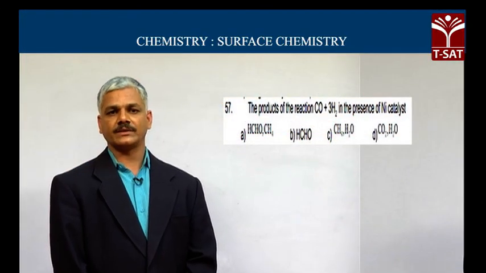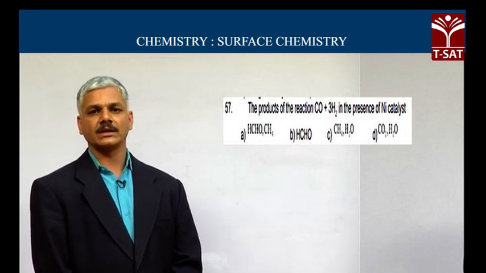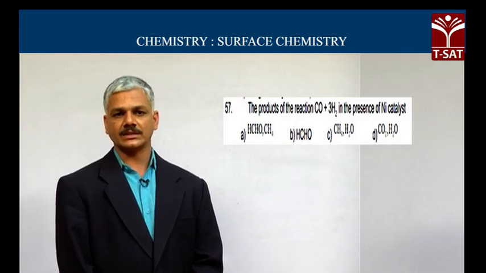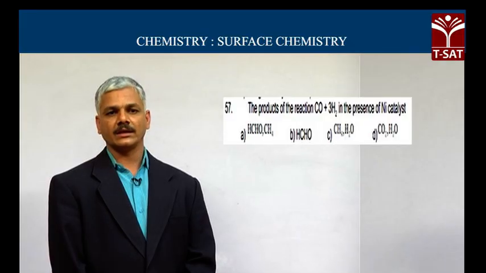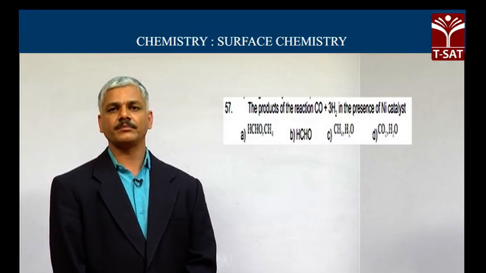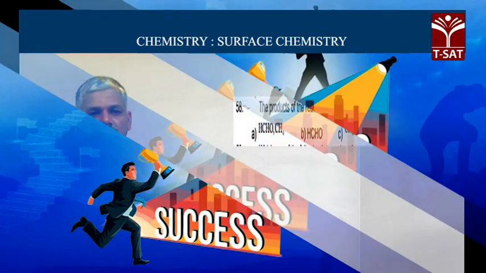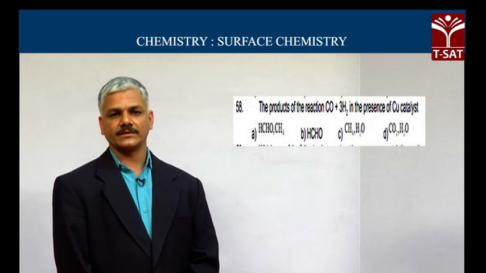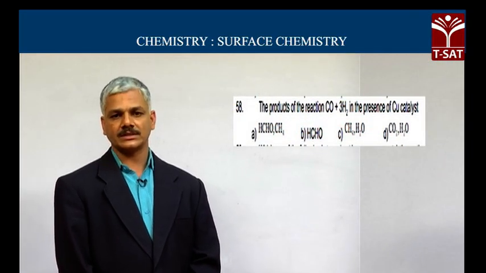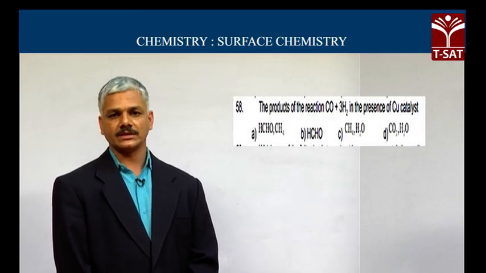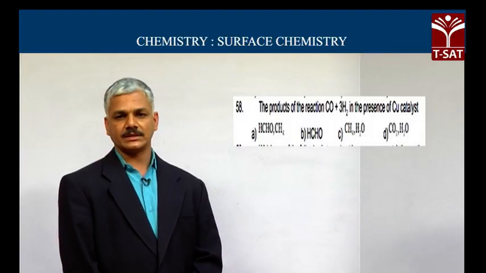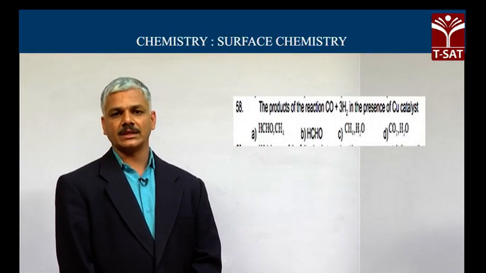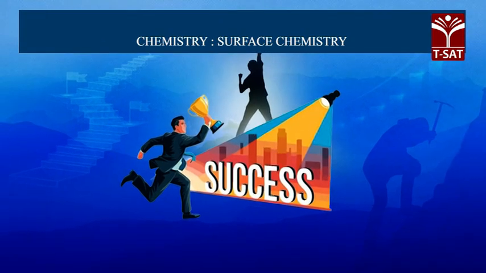The products of the reaction carbon monoxide plus 3 moles of hydrogen in the presence of nickel catalyst is. Correct option is A, formaldehyde and methane. 58th question. The products of the reaction between carbon monoxide and hydrogen in the presence of copper as a catalyst is. Correct option is C, methane and water vapor.